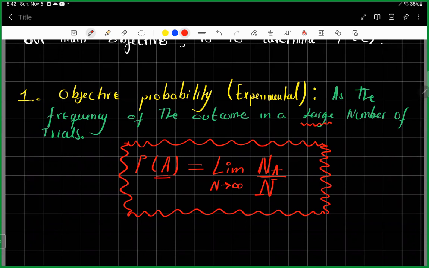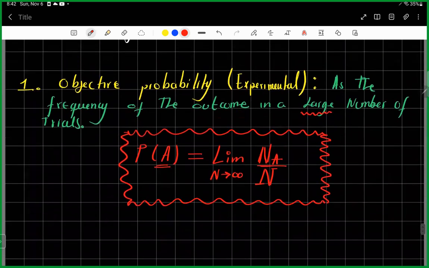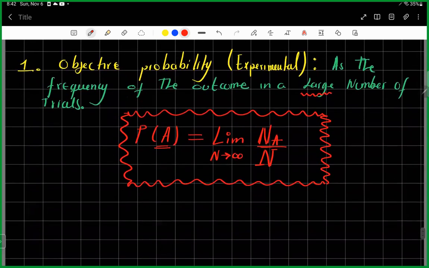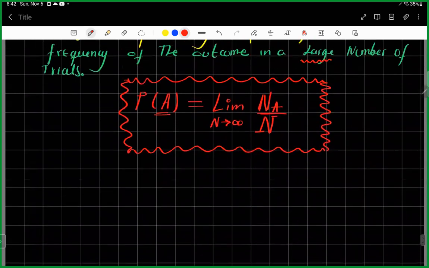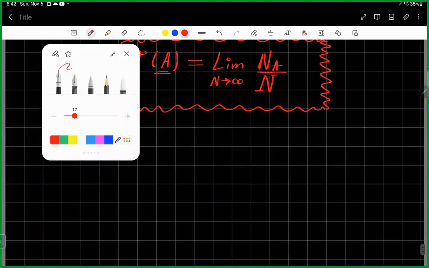So this is not coherent to use in statistical mechanics. Let me do an example of objective probability, and then we can move to subjective probability, which is more or less what we use in statistical mechanics. Okay.